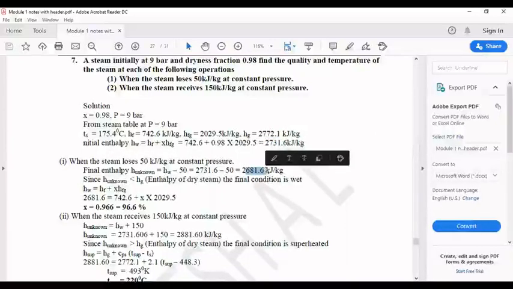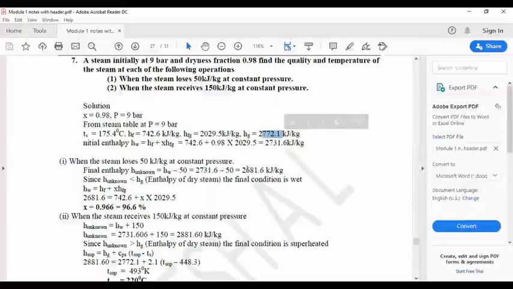Now, what I need to do is find out the condition of the steam. So I'll compare this final value I got after subtracting 50 kilojoule with the Hg value, because Hg refers to dry steam.